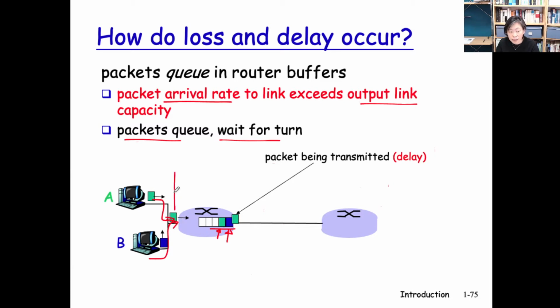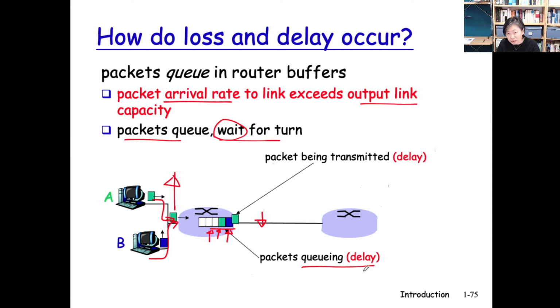In case the aggregated arrival rate is higher than the outgoing rate here, then you will see there will be always packet here waiting to be transmitted, and therefore subsequent packets will need to what? Wait up. And that is queuing delay these packets are experiencing.